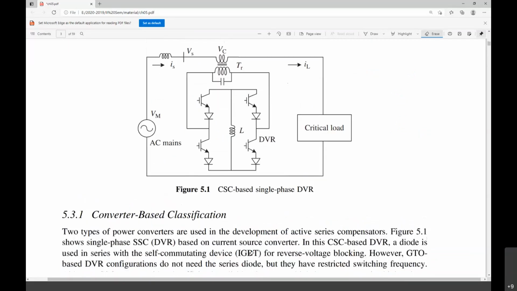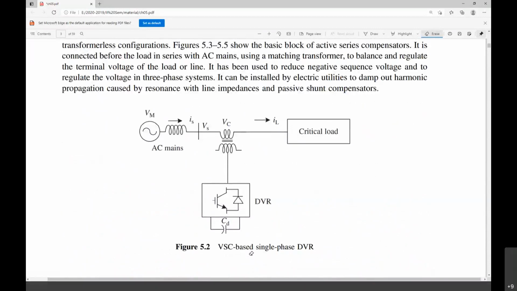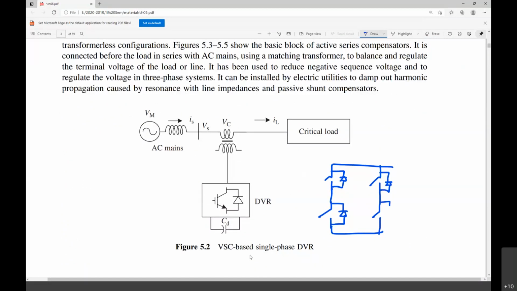Next is the voltage source converter based single phase DVR. It has an inverter, maybe a single phase inverter, connected to a capacitor or even a battery.